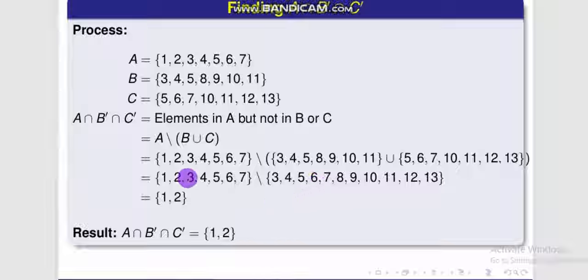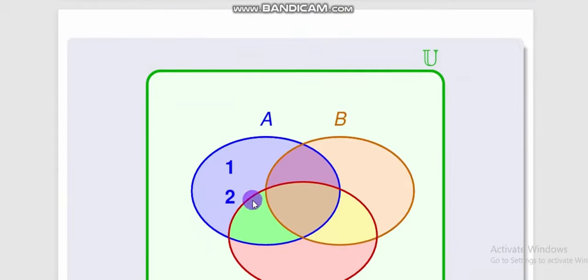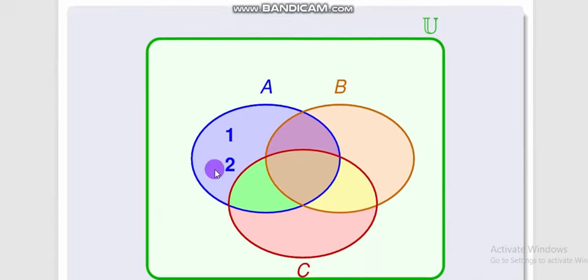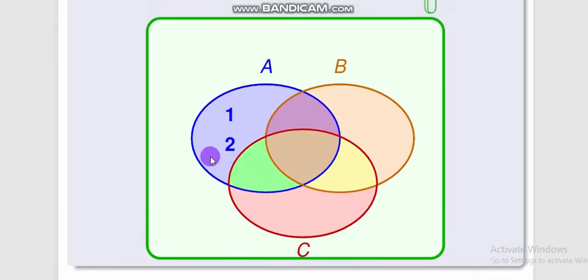So only 2 elements are not there. So it means A intersection B complement intersection C complement will just be this. So you go to that region and write the 1 and 2. You see, this is the region, as we explained earlier, where you have elements exclusively in A but not in B and not in C. So we write our 1 and 2 here.